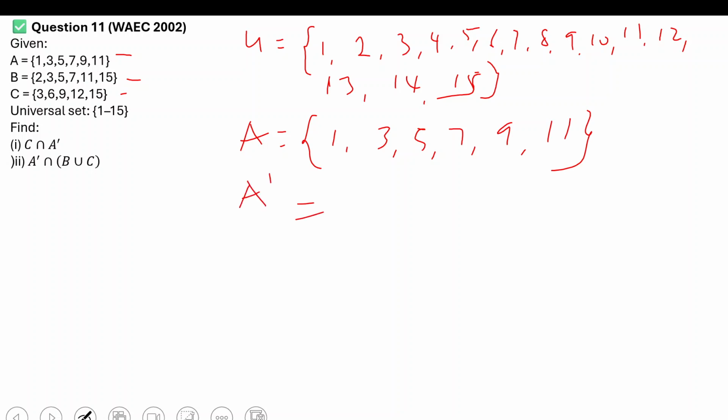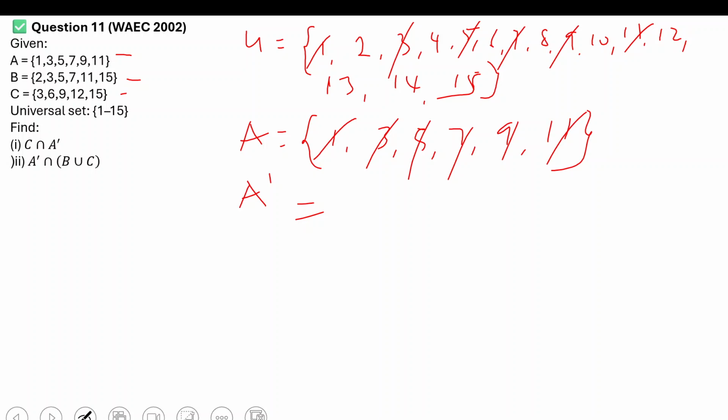So A prime is what's not present in A, but is in the universal set. So I will strike out what's present here. 1 is here, 3 is here, 5 is here, 7 is here, 9 is here, 11 here.